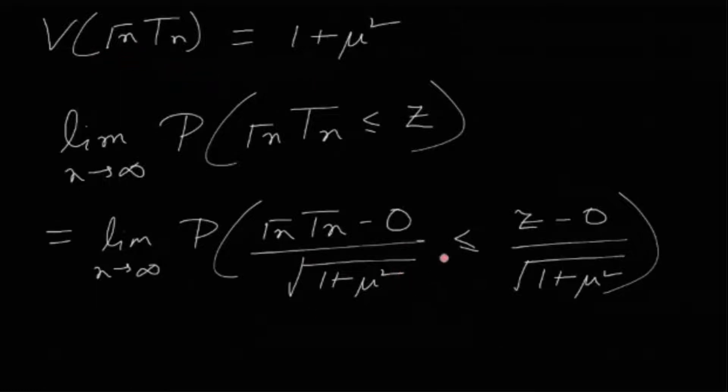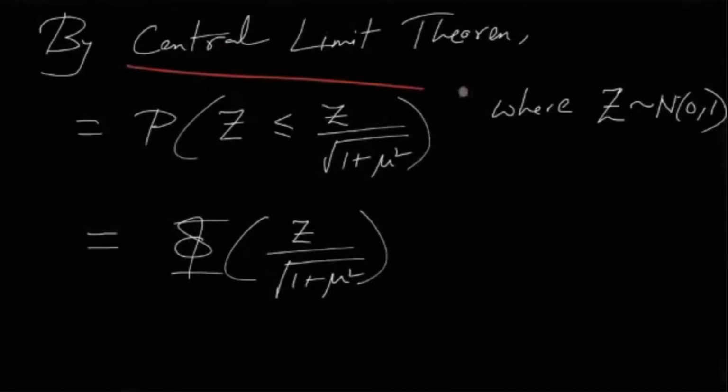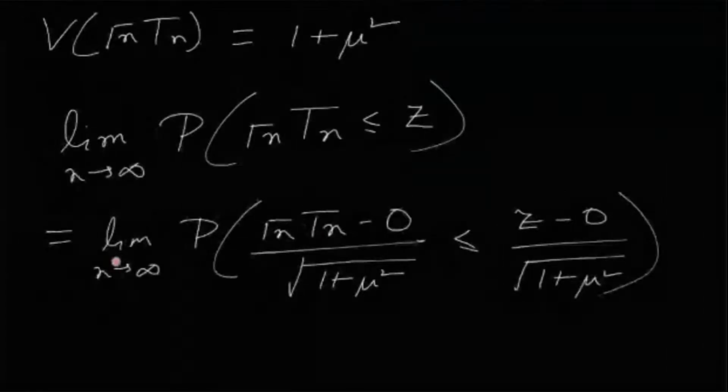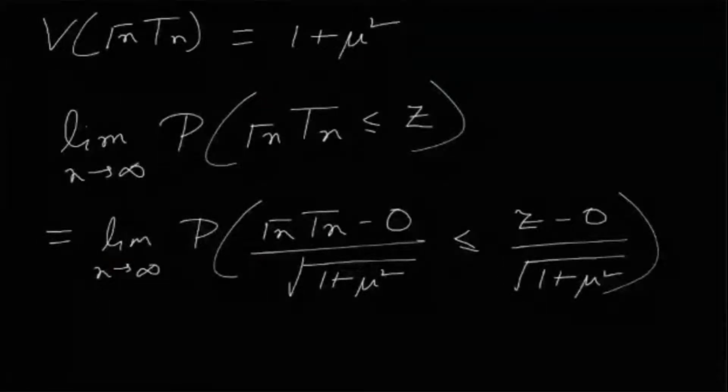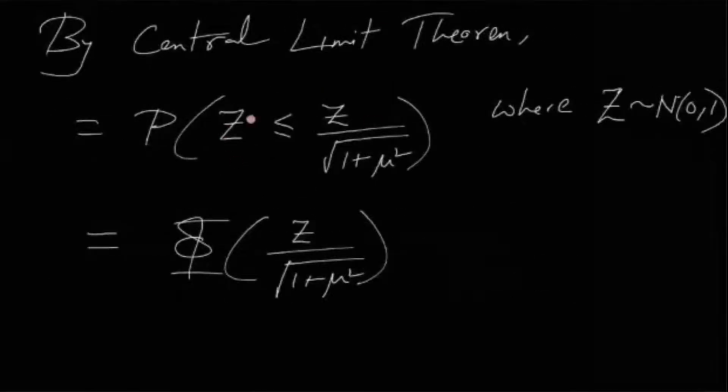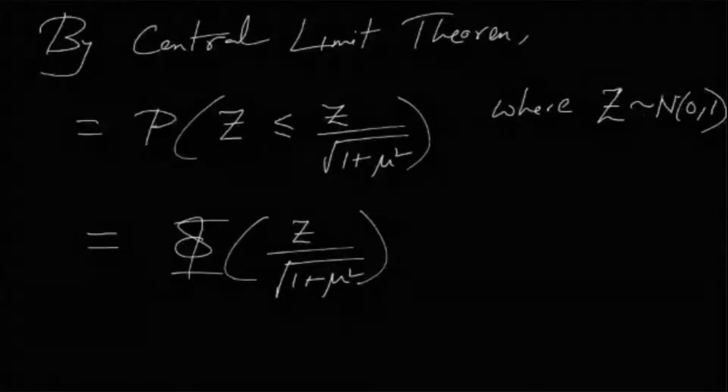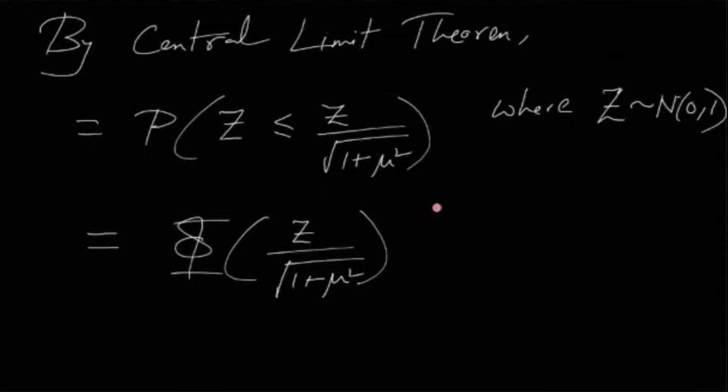So this entire thing is less than or equal to z by root of 1 plus mu squared. Now, by the central limit theorem, since it is under the effect of the limit, after standardizing, this becomes simply the probability that Z is less than or equal to z by root of 1 plus mu squared, where Z is the standard normal. This converges in distribution to the standard normal distribution. That means it ultimately becomes capital Phi of z by root of 1 plus mu squared.